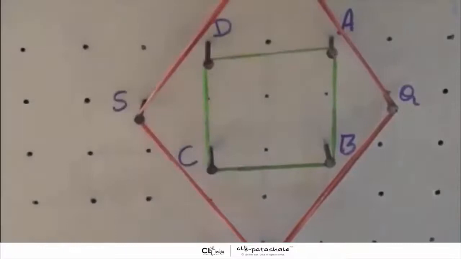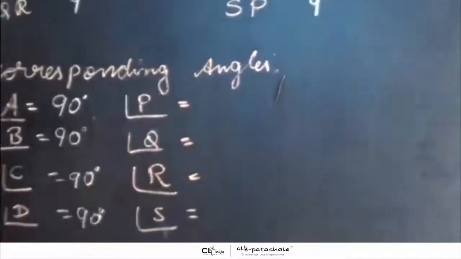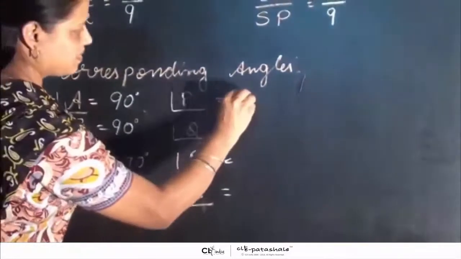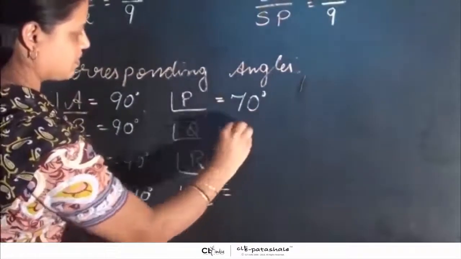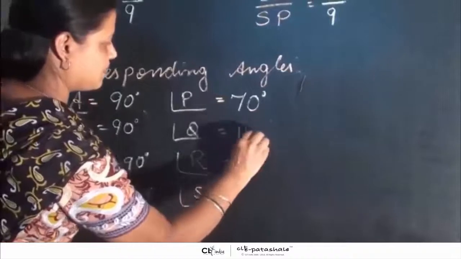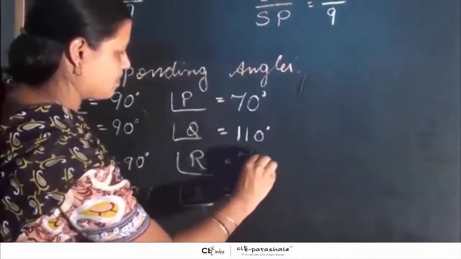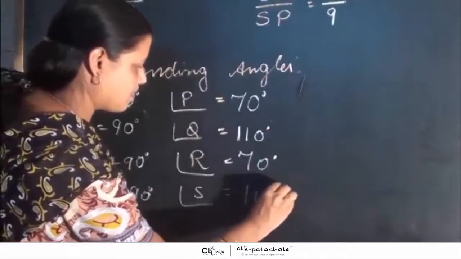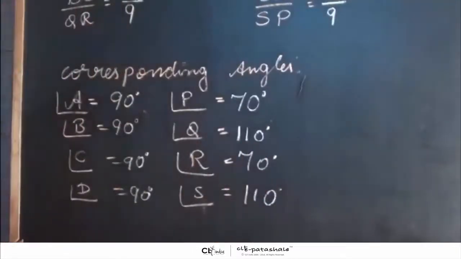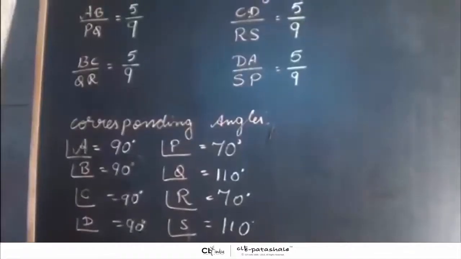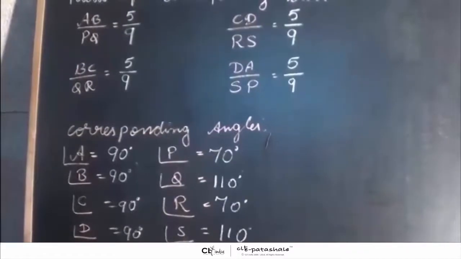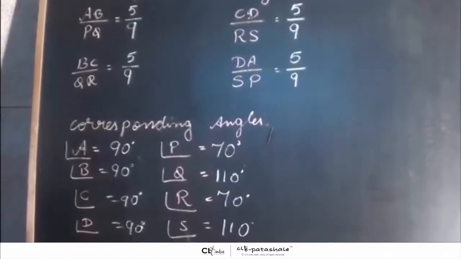Now let's record whatever we have measured just now. Angle P, which is equal to 70 degrees. Angle Q is equal to 110 degrees. Angle R is equal to 70. And angle S is equal to 110 degrees. Now observe the measures of corresponding angles in a square and rhombus.